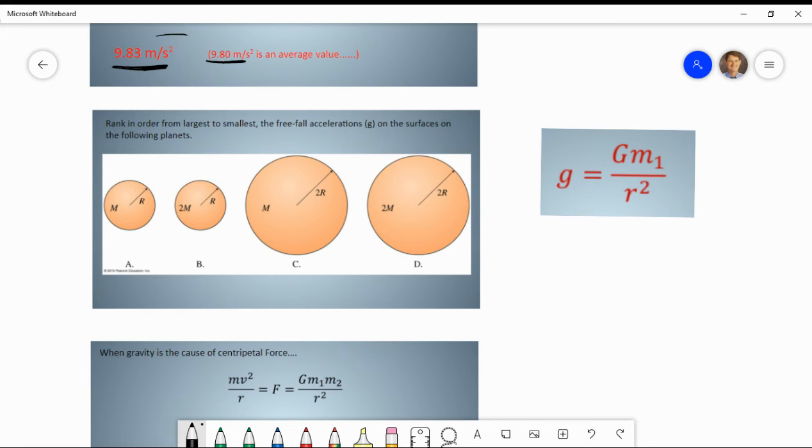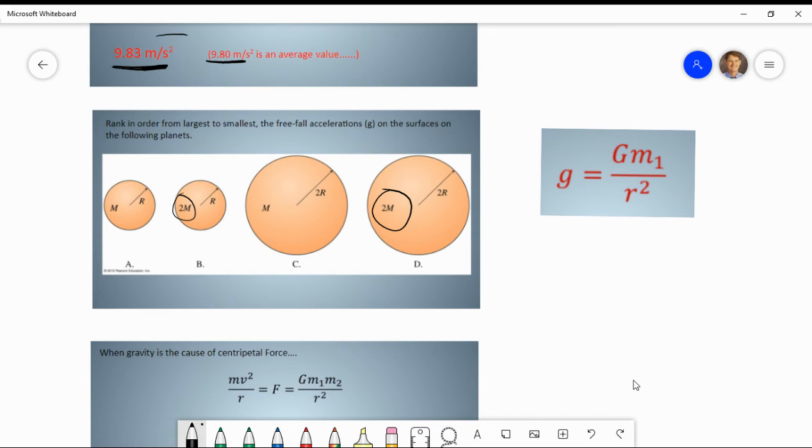I know that mass is going to be important, right? Mass is going to be directly proportional to acceleration. This little g is acceleration due to gravity. Mass is directly proportional to it. So the ones with more mass are going to have a bigger acceleration, right?